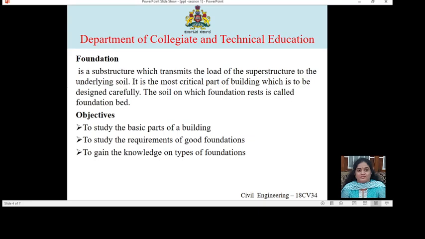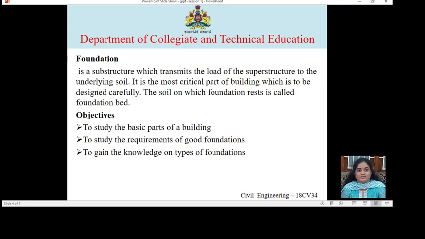So the foundation comes in the substructure part. It is a substructure which transmits the load of the superstructure to the underlying soil. Whatever loads come from the superstructure will directly transfer to the soil through the foundation.